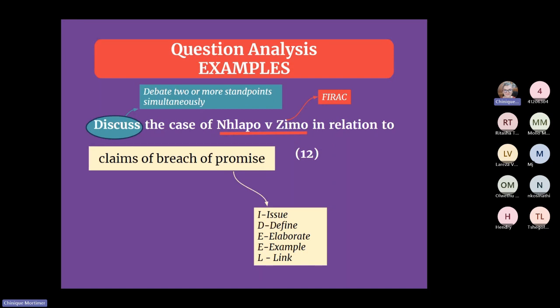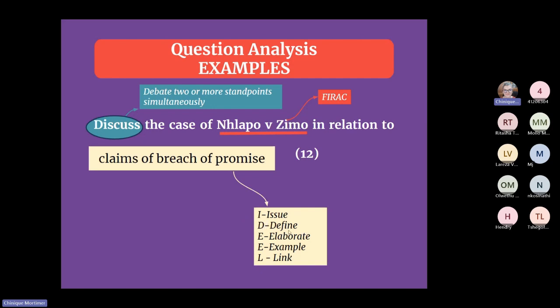Then you go and you say, okay, in Nhlapo versus Zimo, this is going to be my case. Say, for instance, the question just said, discuss claims of breach of promise. Then you would have had this essay is going to deal with the claims of breach of promise.